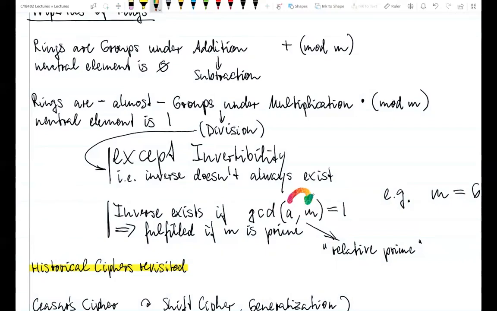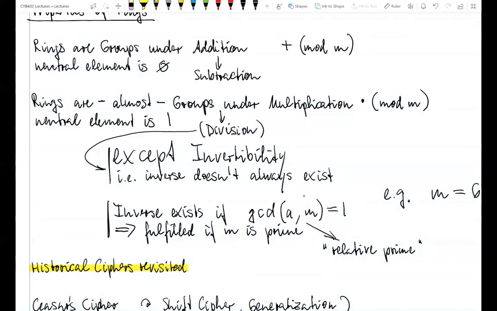So here a needs to be relatively prime to m. If m is a prime itself, so if we choose the ring such that m is a prime, then every element of the group has an inverse.